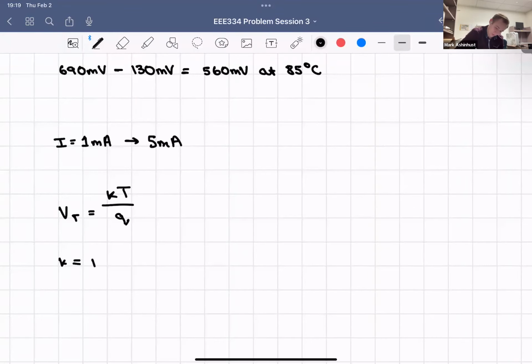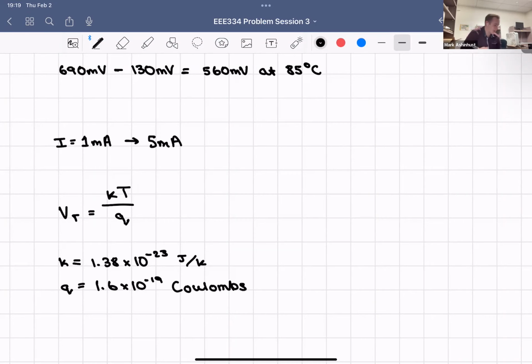K, we know, is equal to 1.38 times 10 to the negative 23 joules per Kelvin. And then we have our Q, the charge, 1.6 times 10 to the negative 19 coulombs. And then T is going to be our temperature in Kelvin.